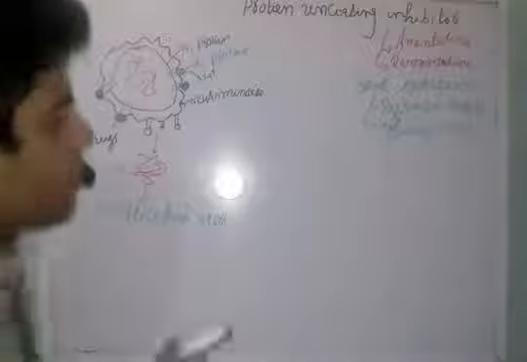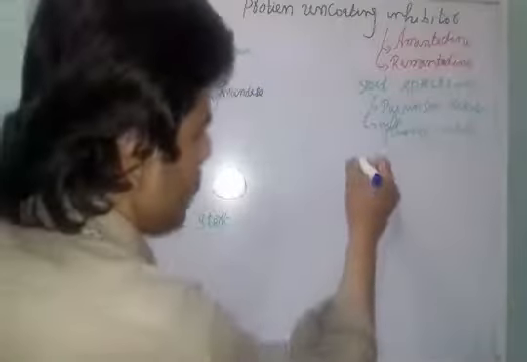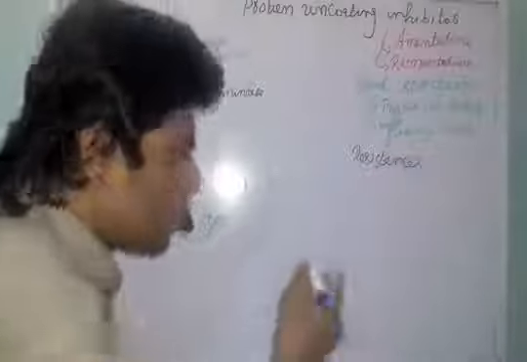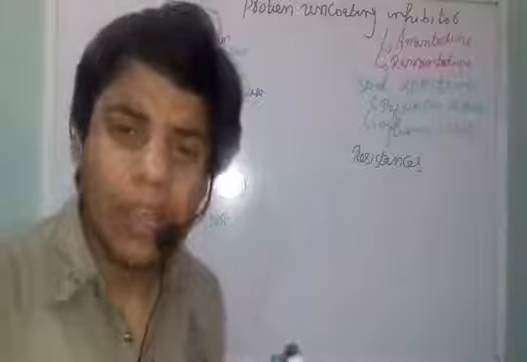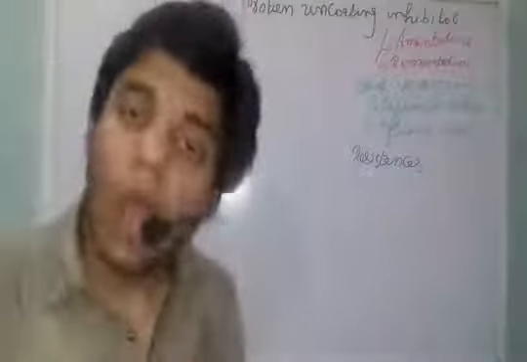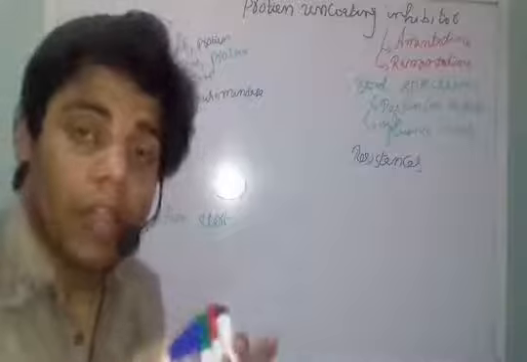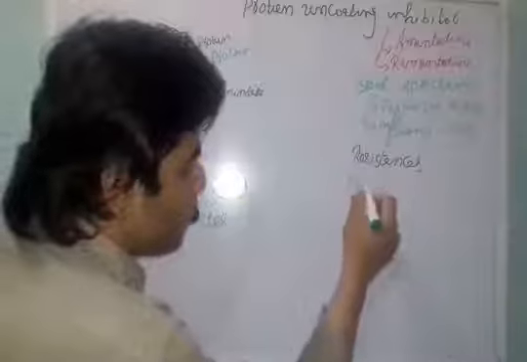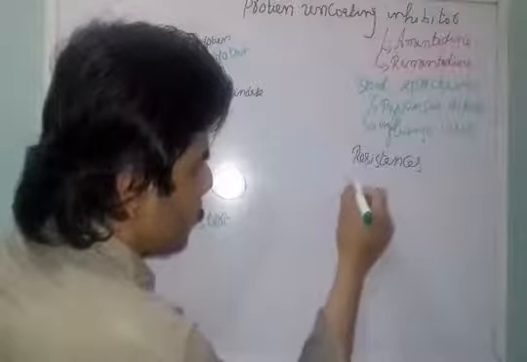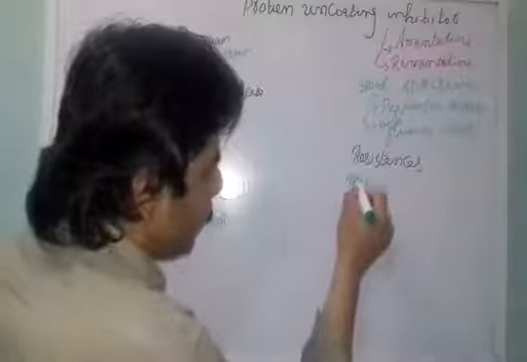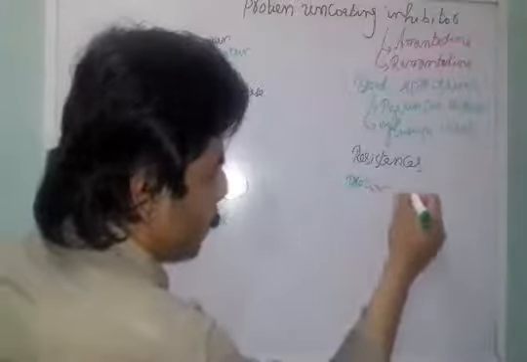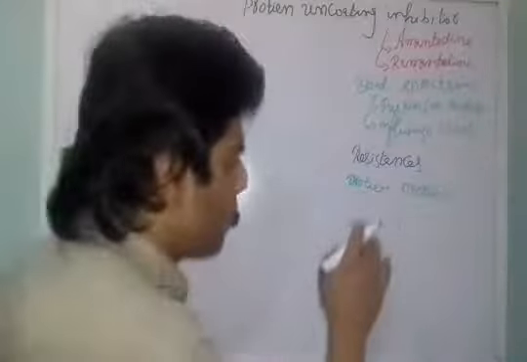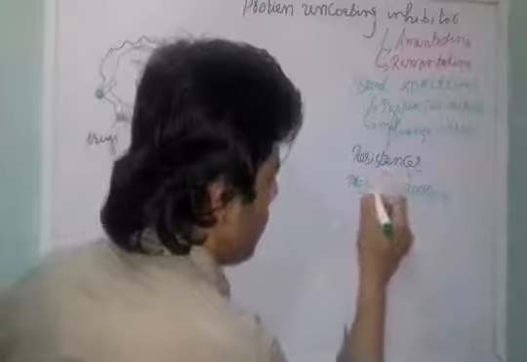Now if we talk about resistance, the resistance occurs against these drugs very quickly. How? Sometimes the hydrogen ions, or we can say the protons, make pressure.